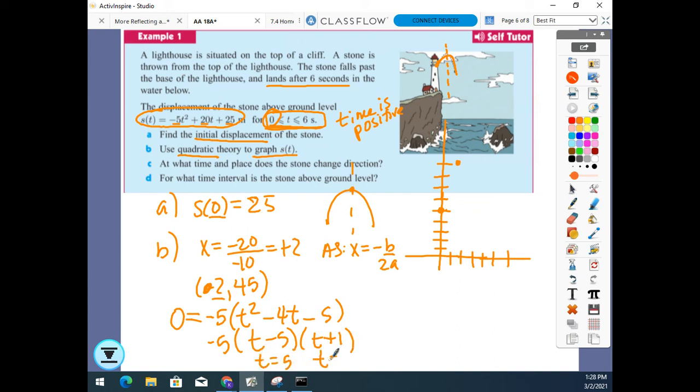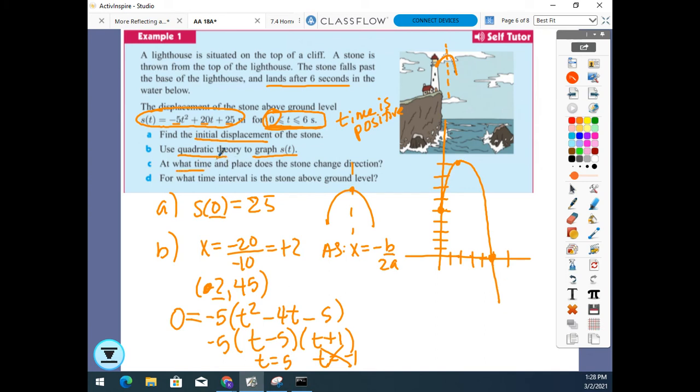So t equals 5, t equals negative 1. Remember, time cannot be negative, so we're not going to use this one. This is telling me this is going to cross the x-axis at 5. So my graph's a little bit off here, but we start from 0 and go up to 6. Here's my vertex. There's my graph.